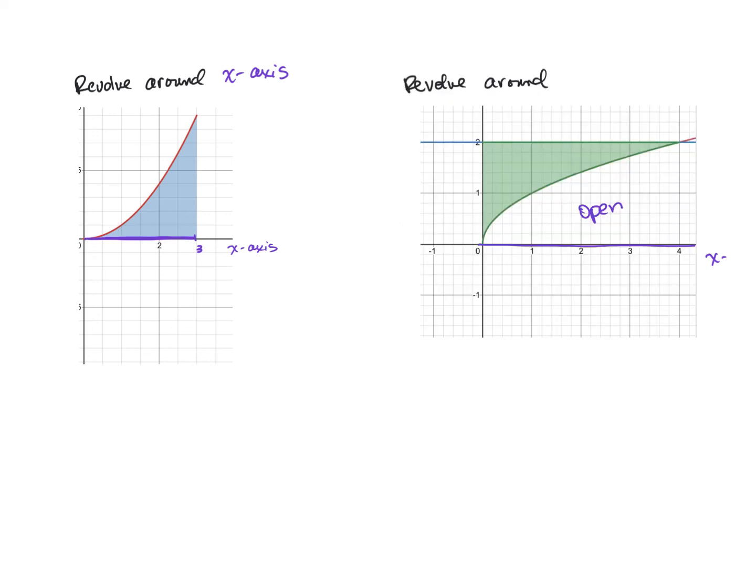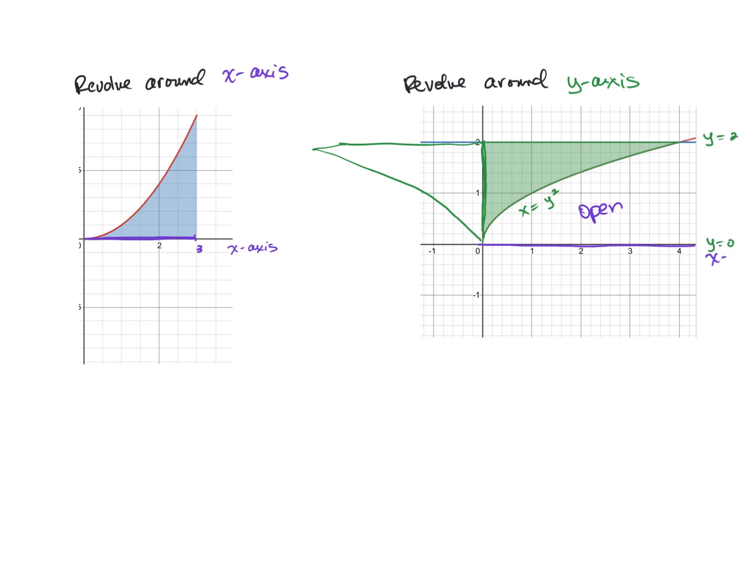However, if you would have revolved this shape around the y-axis instead, this is solid from 0 to 2 on the y-axis, so it would have been a solid shape, and then you could have used a disk. This equation is x equals y squared, and it is bound by the line y equals 0 and y equals 2.